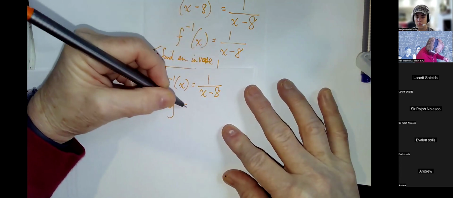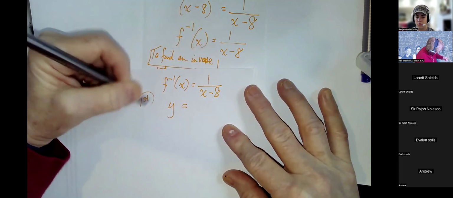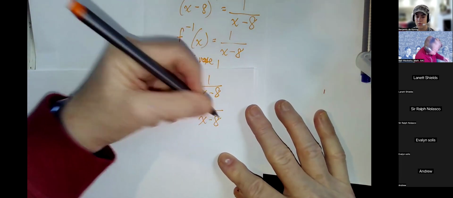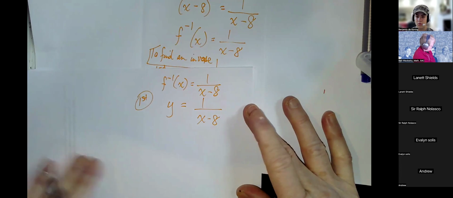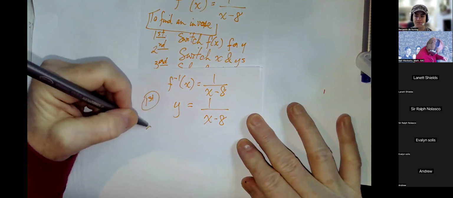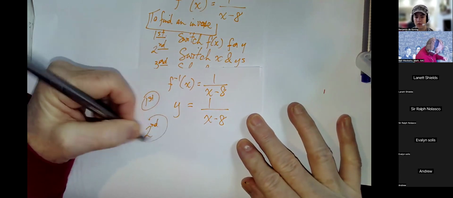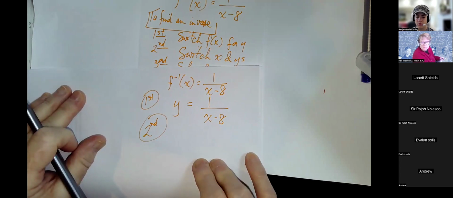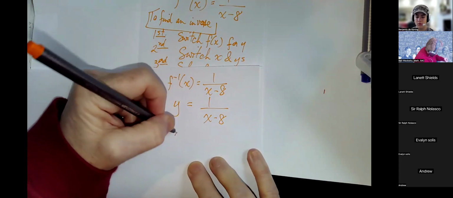Now I have y equals, so this is the first step, y equals 1 over x minus 8. The second step is to switch x's and y's. So how do I do that? What do I write down here? x equals 1 over y minus 8.